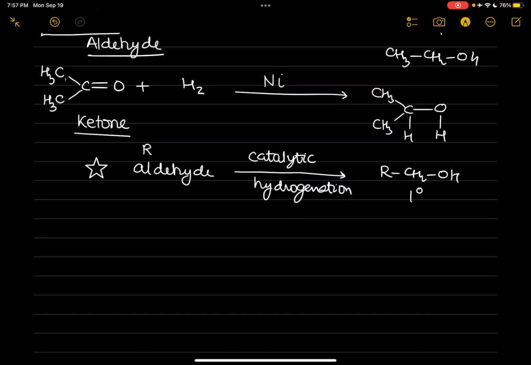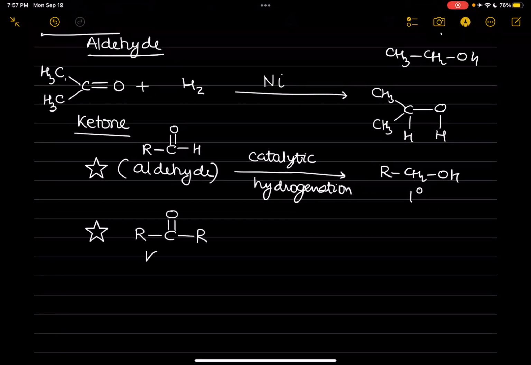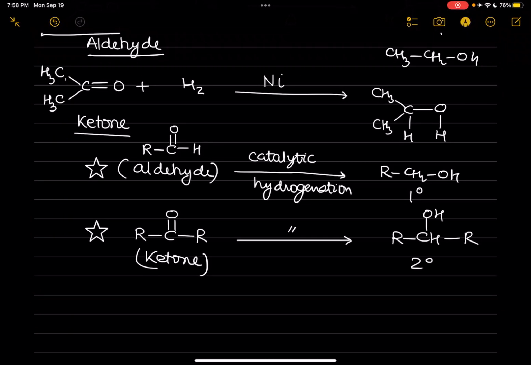The general form of aldehyde is RCHO, where R is any alkyl group. And if you take a ketone, two alkyl groups are already there. You just use catalytic hydrogenation, and you have CH and OH, so it is a secondary alcohol.